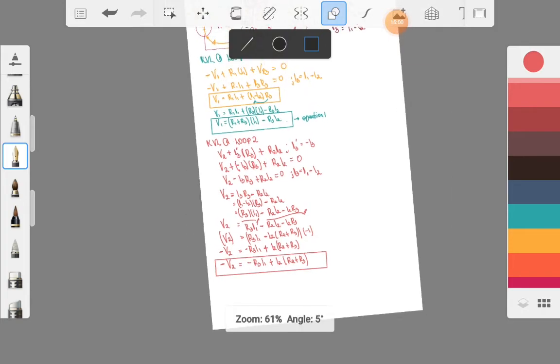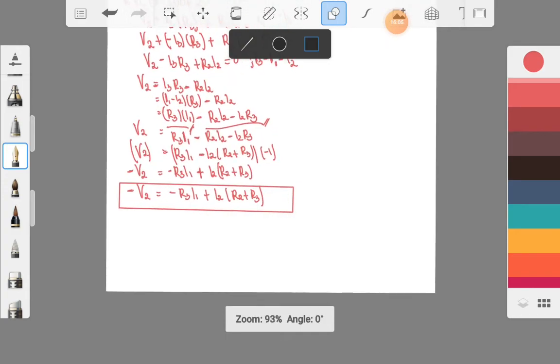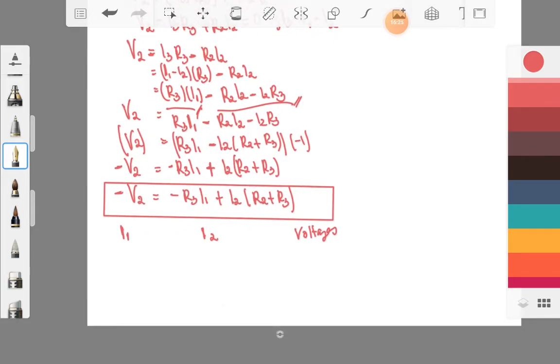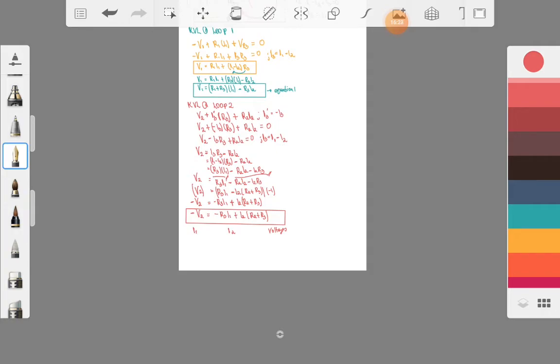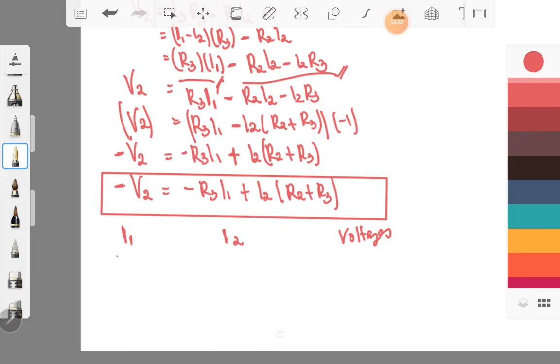But if you will use your matrix, so siguraduhan nyo lang that you have your I1, I2, and then your voltages.